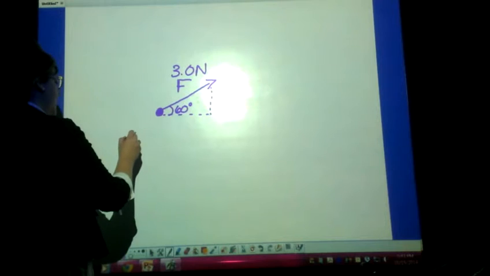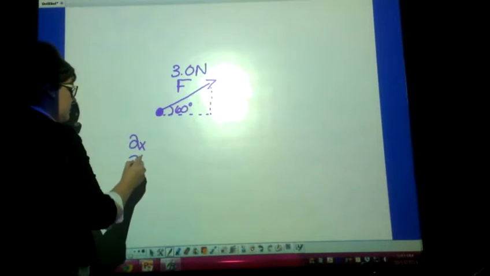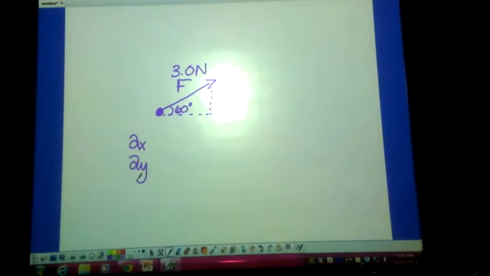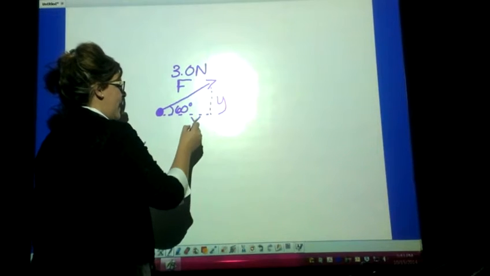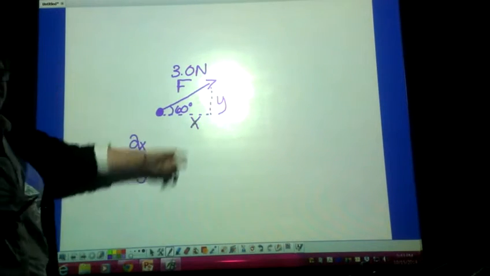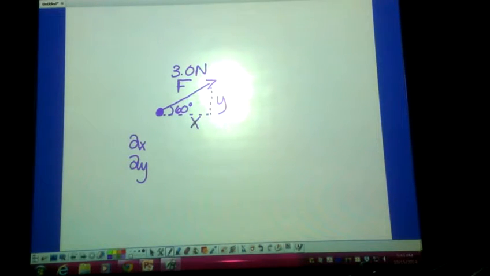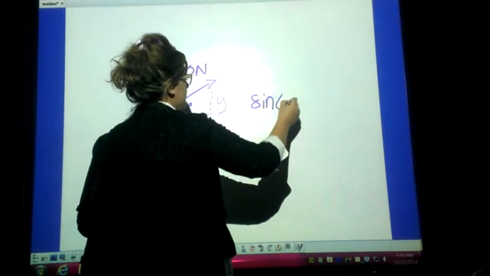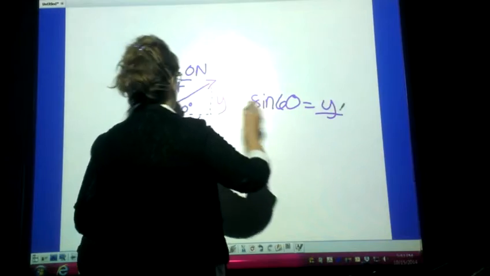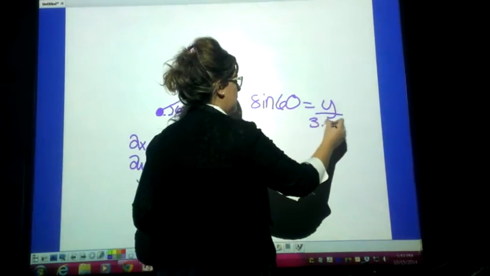Okay, my goal was to find acceleration in the x and an acceleration in the y. So first of all, I could find the force. So this is my y, there's my x. I have an angle, I have the hypotenuse. We could find x and y just by using trig. So I know that sine 60 is going to be equal to y over 3 newtons.